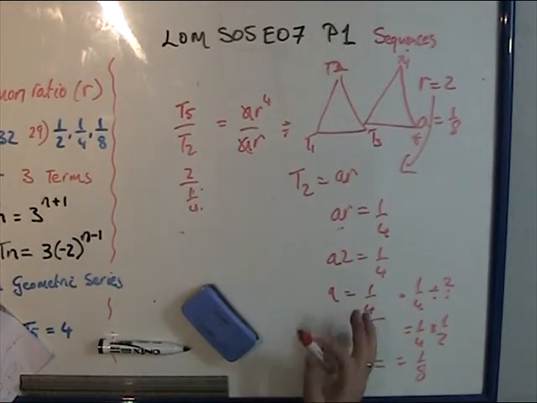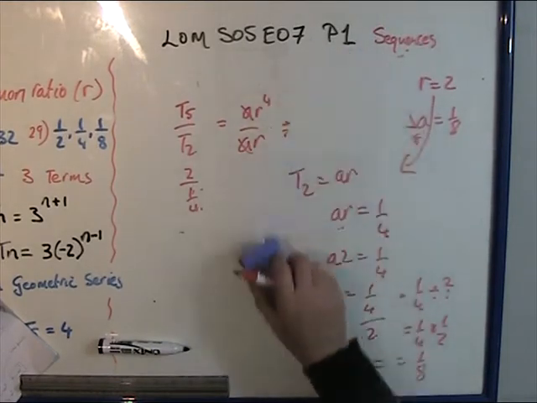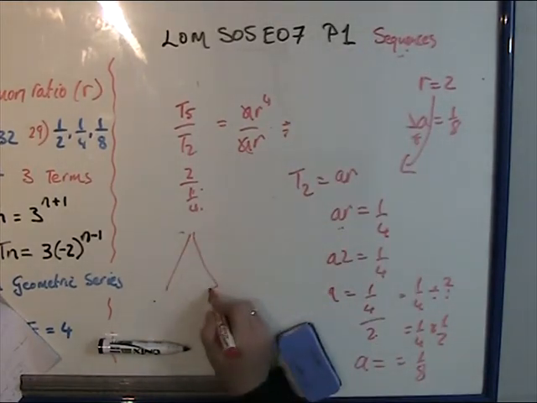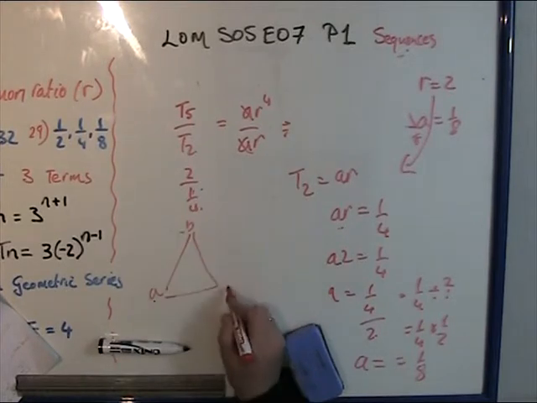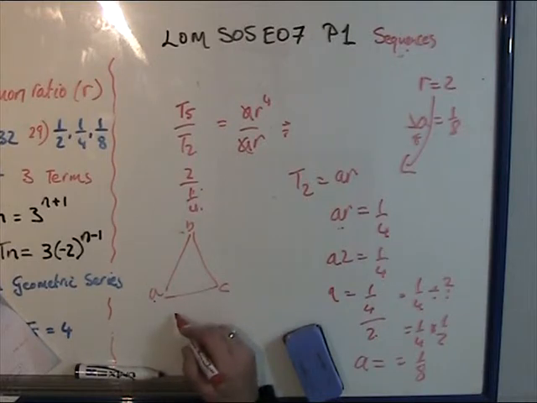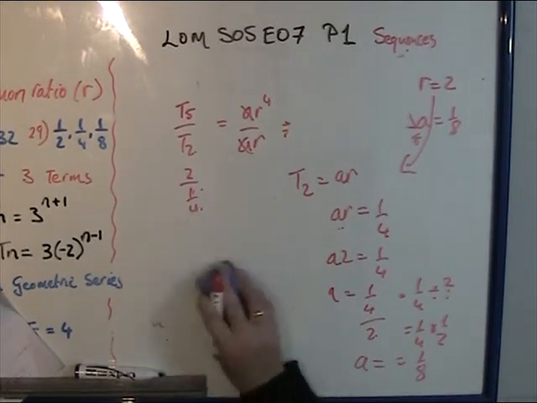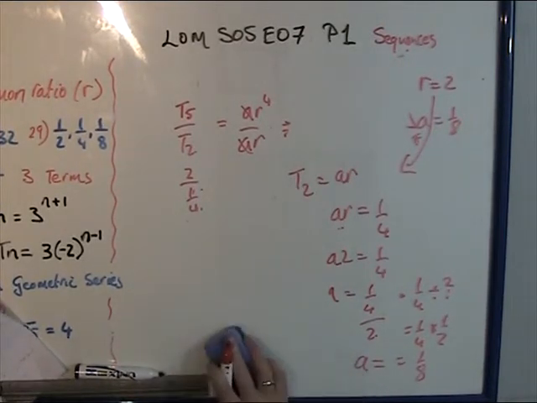It's about remembering that you can actually do this, and it's the same as finding the mean of A, B, C. Do you remember we said that A plus C is equal to 2 times B? It's something similar to this. Maths is all related, even to geometry.